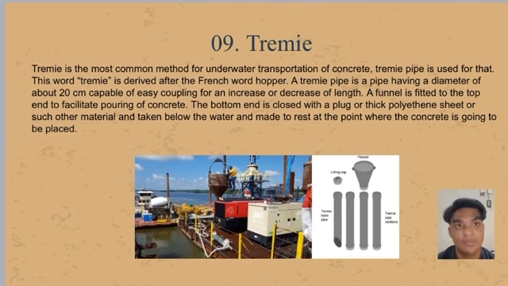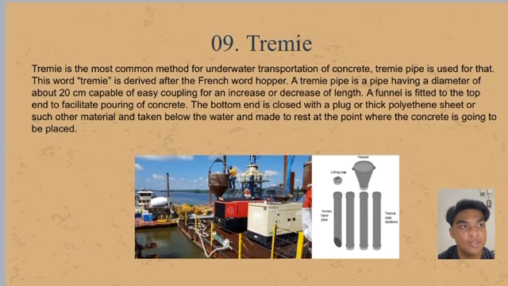Number 9, tremie. Tremie is the most common method of underwater transportation of concrete. A tremie pipe is used for that. This word tremie is derived from the French word hopper. A tremie pipe is a pipe having a diameter of about 20 cm, capable of easy coupling for an increase or decrease of length.